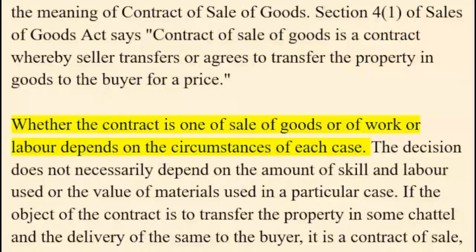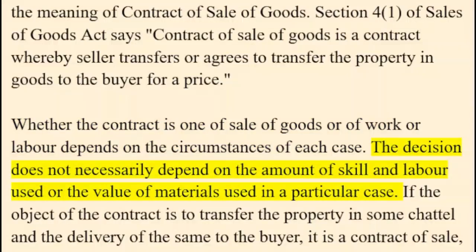Whether the contract is one of sale of goods or of work or labor depends on the circumstances of each case. The decision does not necessarily depend on the amount of skill and labor used or the value of materials used in a particular case.